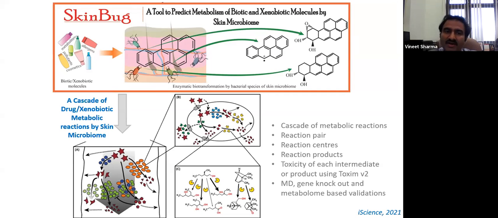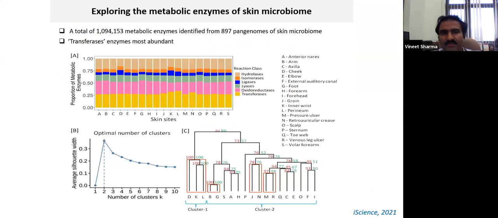We could not achieve that in DrugBug, but in Skinbug we could find the cascade of metabolic reactions, the exact reaction pairs, the reaction centers where the reaction will be happening, how the microbial enzyme will act on the structure, what products it will form, and whether those products are toxic or not to the host, through the toxin tool, which is another tool that we developed. And we will also validate this with gene knockout and other metabolome-based applications.